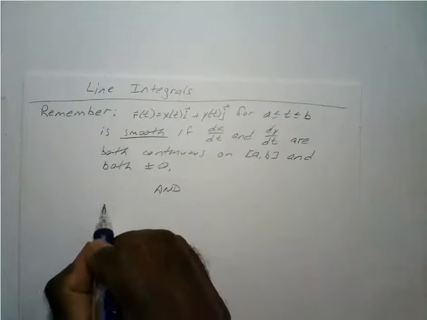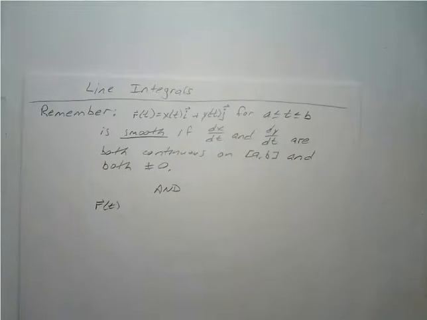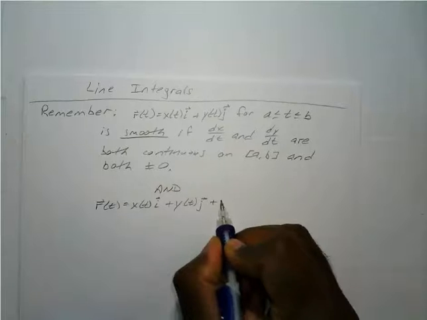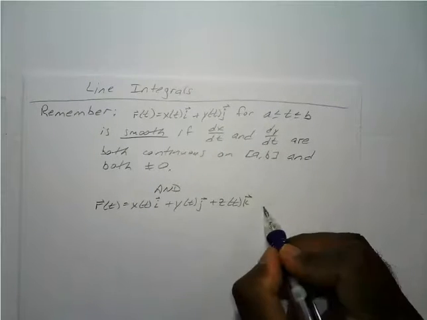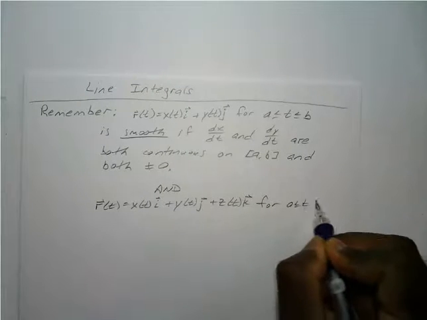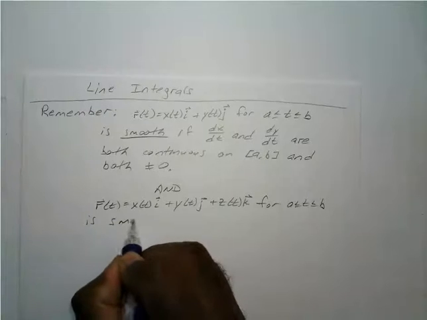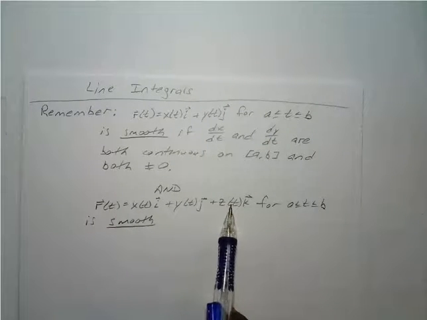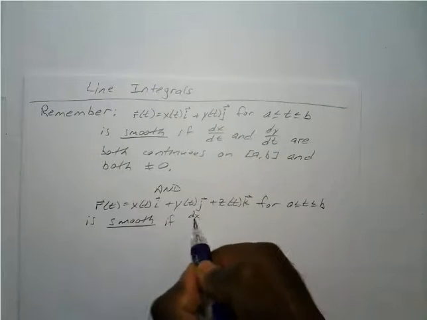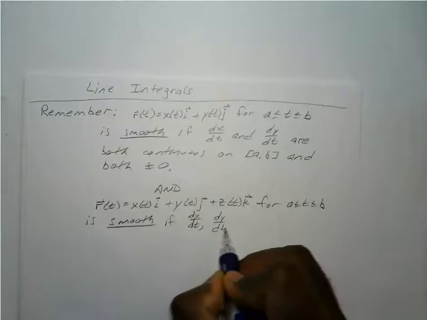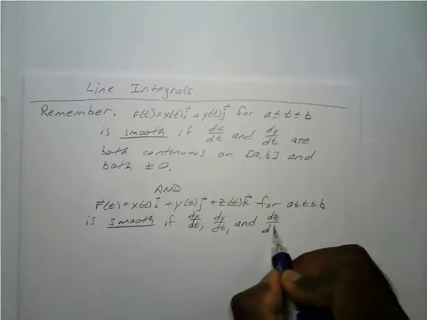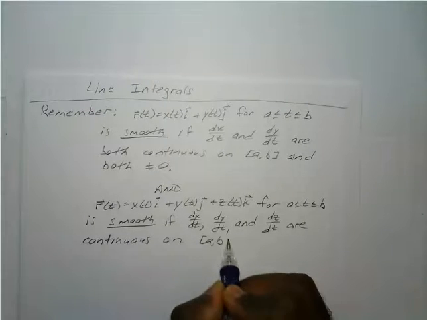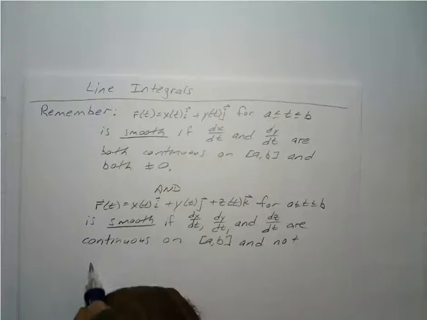Now, of course, the same applies for 3 dimensions. If your vector valued function is some function of t times the i vector plus some function of t times a j vector plus some function of t times the k vector, for that same interval, it will be considered smooth if the derivatives dx dt, dy dt, and dz dt are continuous on the interval from a to b and not all equal 0.